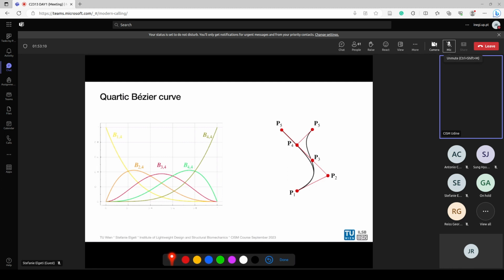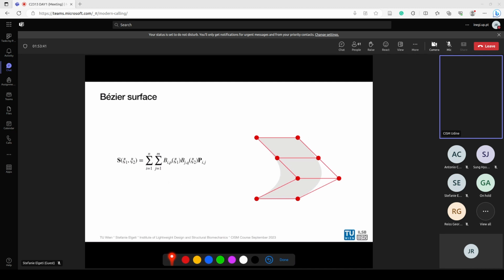This means that if I shift one of the control points, I will affect the whole curve everywhere. So here I shifted just control point number 5, and we changed the curve shape everywhere. I mean, here it's not super visible, but in principle, we changed it everywhere. And this is the problem with the Bezier splines that were the first type of splines that were used, that we do not have the local control available because of the property of the basis functions.